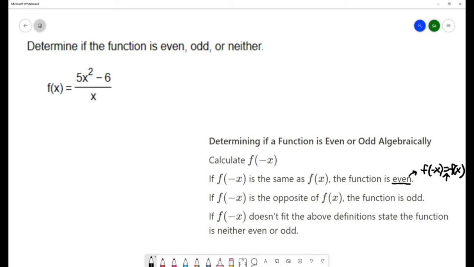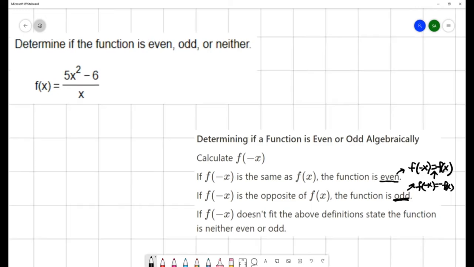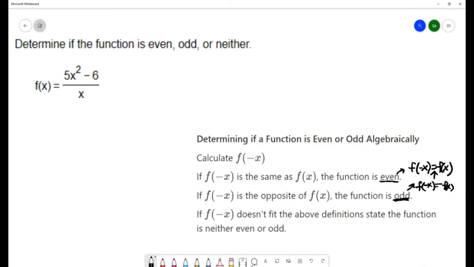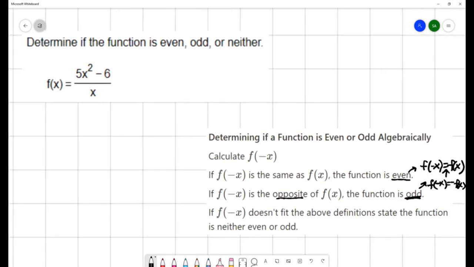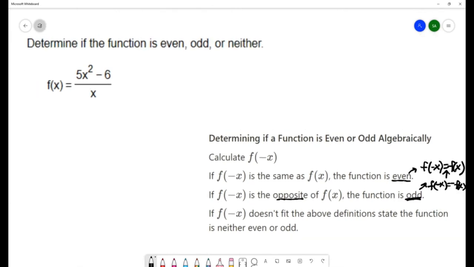And from the definition of odd, we get that f of -x is negative f of x. So that's where we get the opposite of f of x. So we're going to do that calculation, and then compare this to the original function.